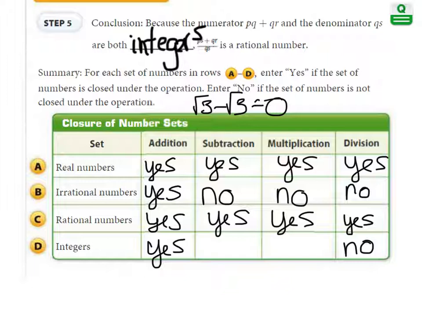If I subtract 2 integers, it's not going to turn into a decimal, so that's a yes. And if I multiply 2 integers, it will not turn into a decimal or a fraction either, so it is also closed under multiplication. And again, the biggest thing to remember is a whole number is also considered an integer, positive and negative whole numbers.